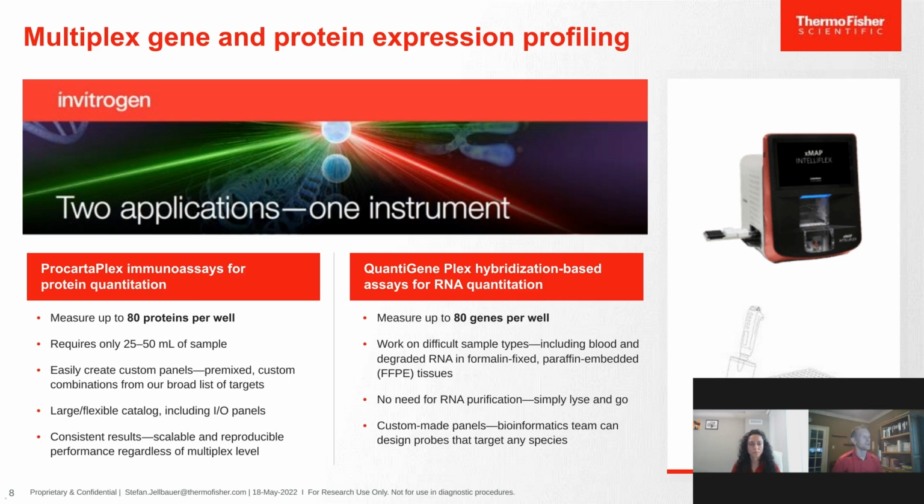On the right-hand side, some key benefits of the QuantiGene Plex assay. This is a direct from sample assay, meaning you do not have to isolate or purify the RNA. You go directly from your lysate or your homogenate into the assay, and there's a huge array of different panels available, both custom and now also off-the-shelf panels.